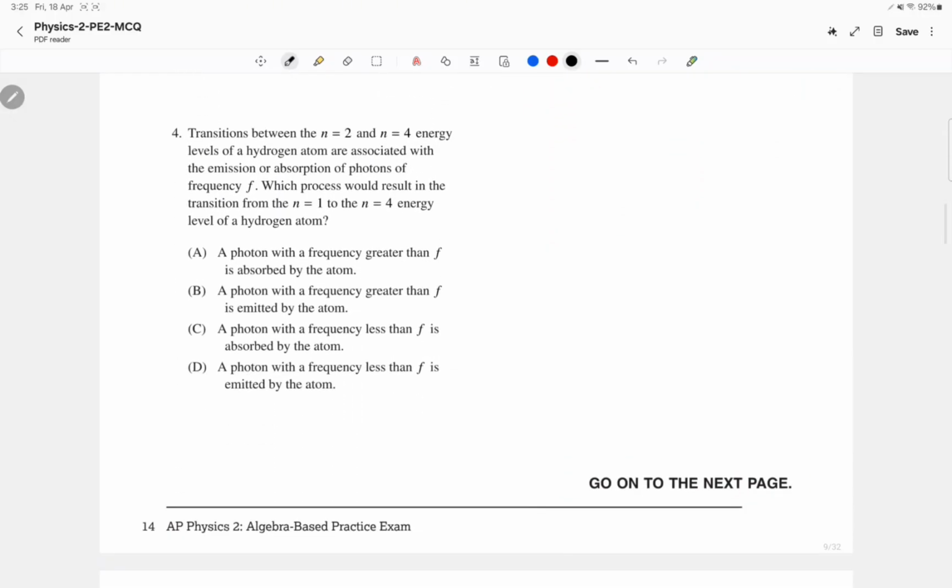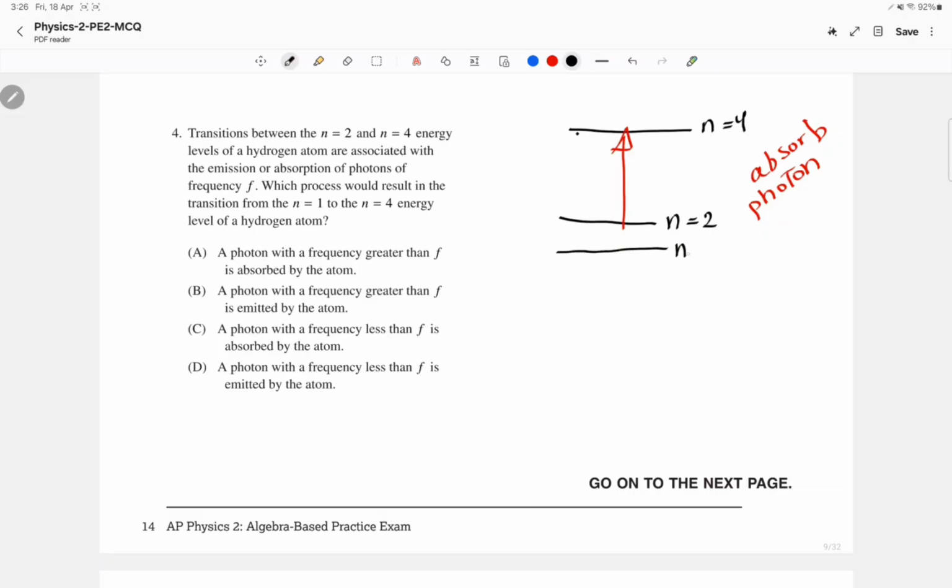Question 4. If we're going to go from N of 2 to N of 4, we have to absorb a photon with a certain energy or a certain frequency. But then if we go from N1 to N4, we have to absorb a photon of more frequency, right?